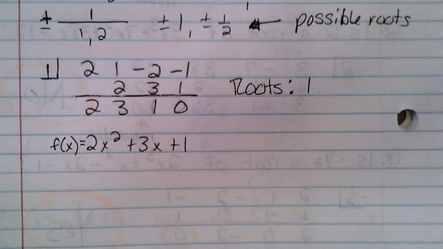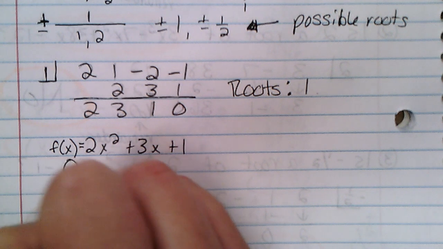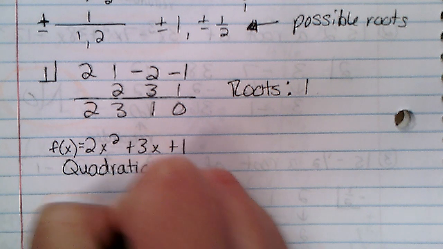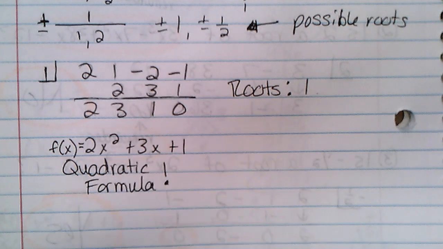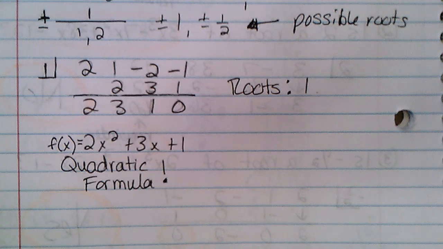Now that it's a quadratic, we've worked with quadratics before. I could either factor here, or I could do the quadratic formula. I think I'm going to do the quadratic formula. I think we're more comfortable with it. I think it's quicker and easier than factoring. Let's just do it.